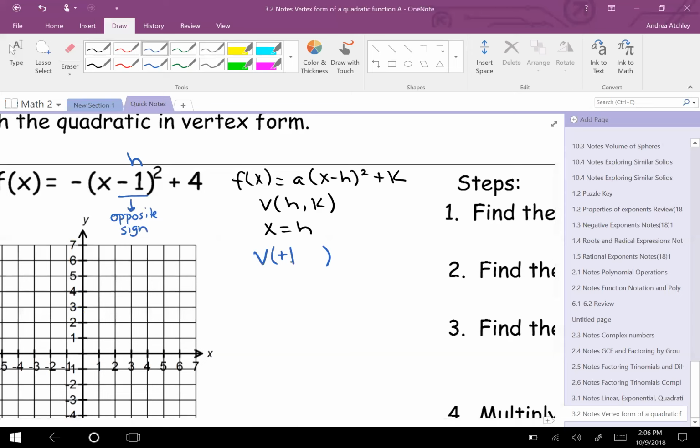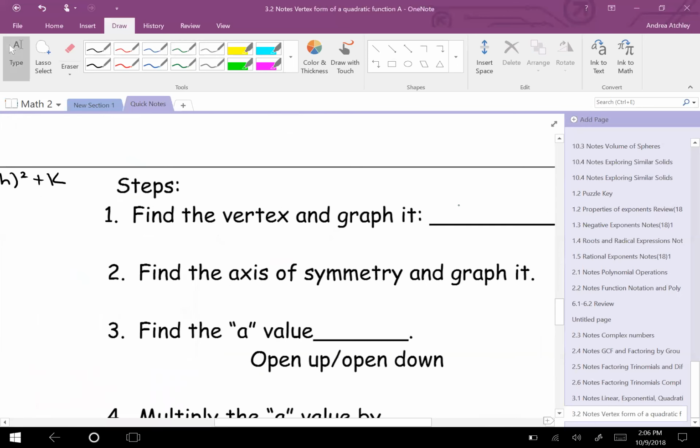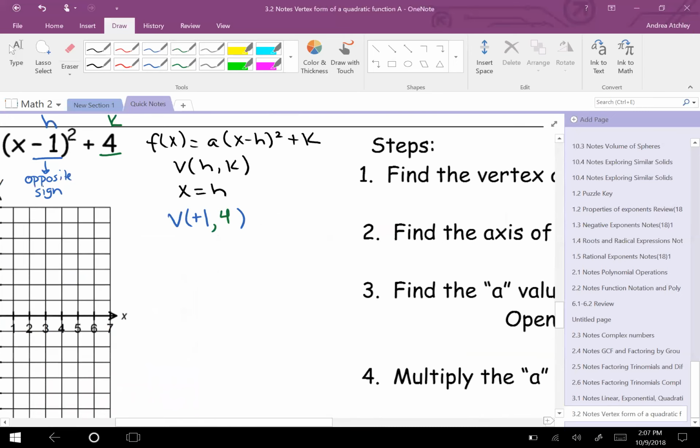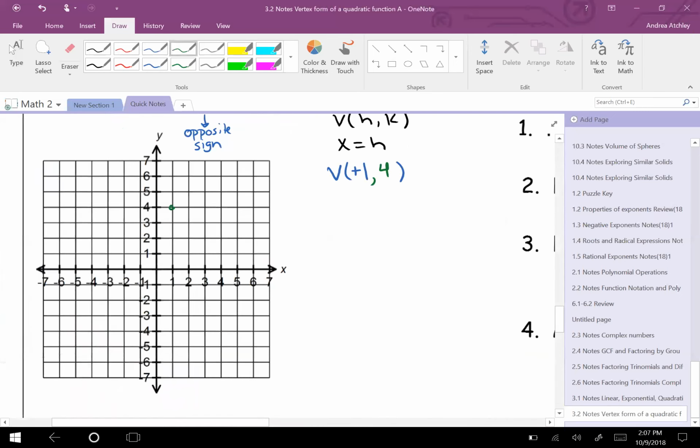So when you pull it out, you have to change the sign. The k value is here. It's the 4. So your vertex is (1, 4). The k value doesn't change signs because it's outside the parentheses. So we're going to graph (1, 4). Any questions over that? So that's the first thing we're going to do: graph where x is 1 and where y is 4.